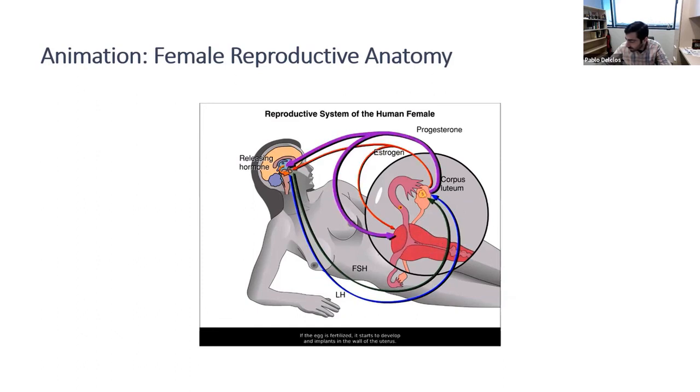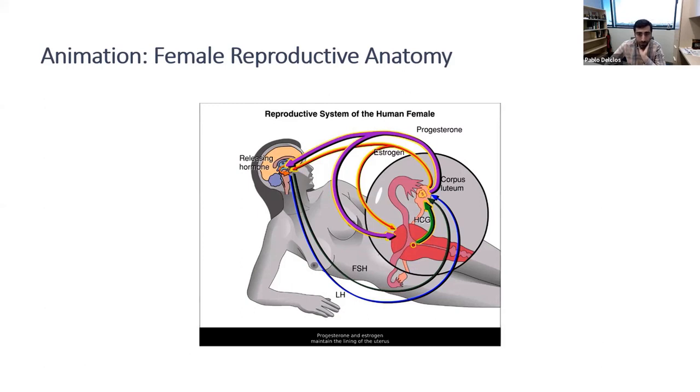If the egg is fertilized, it starts to develop and implants in the wall of the uterus. The embryo secretes a hormone called human chorionic gonadotropin, HCG for short. HCG functions like LH to signal the corpus luteum to continue its secretion of estrogen and progesterone. Later, the placenta takes over this function.